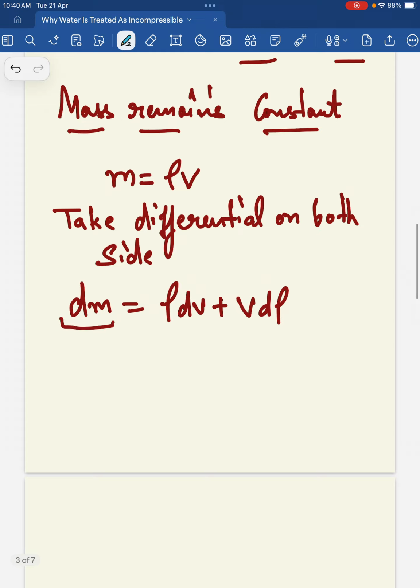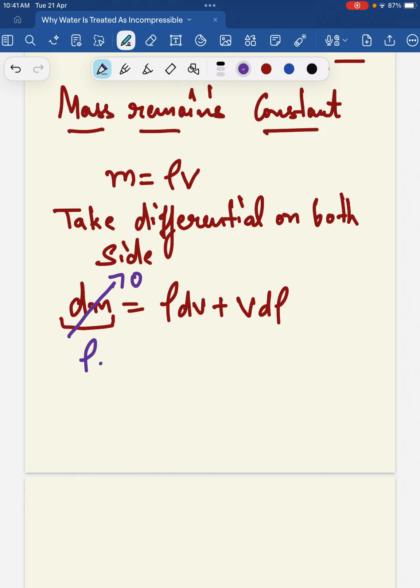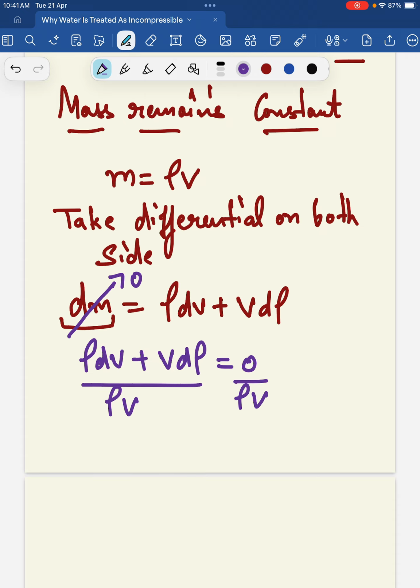Since mass is constant, dm will be 0. I can write rho dv plus v d rho is 0, and divide both sides by rho v. Zero divided by something is always 0.